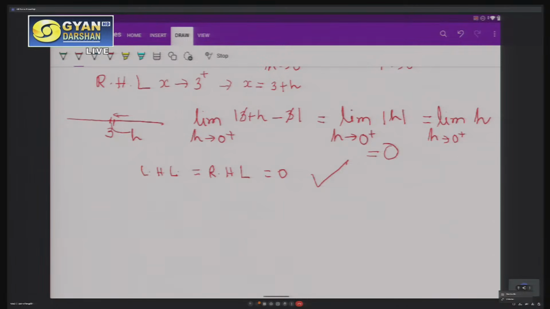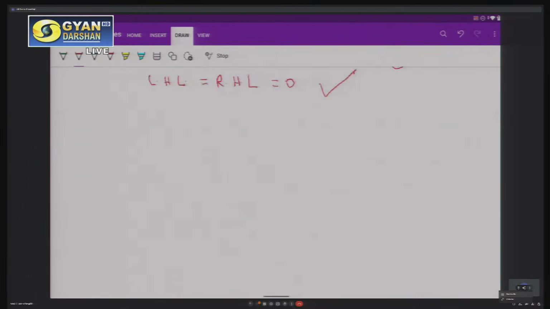Now let us take another example. Say limit x tends to 0, 5x plus mod x divided by 3 mod x minus 7x.